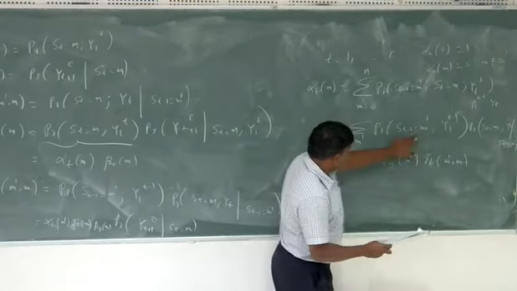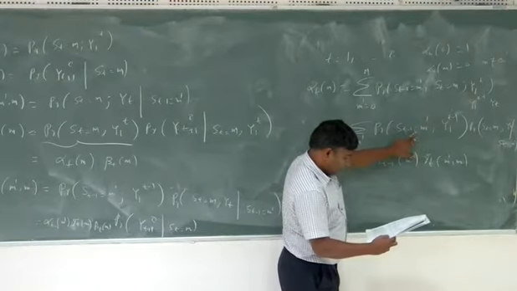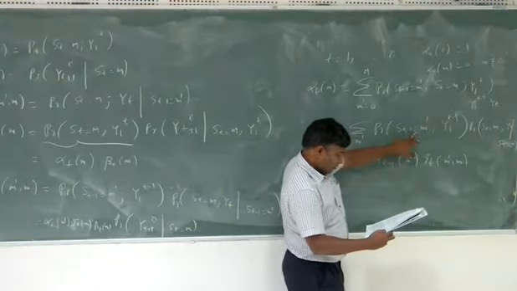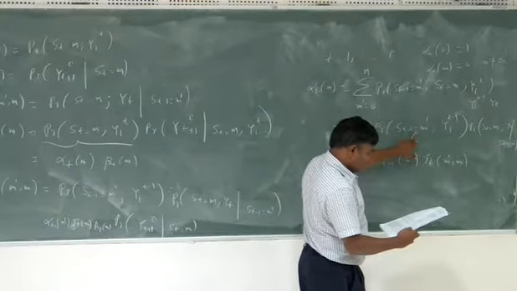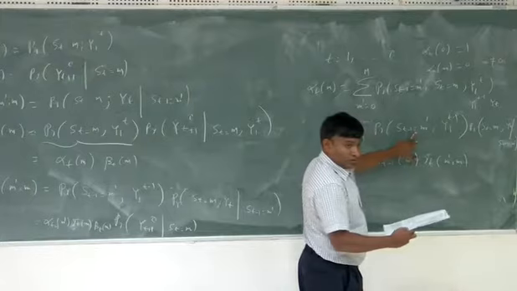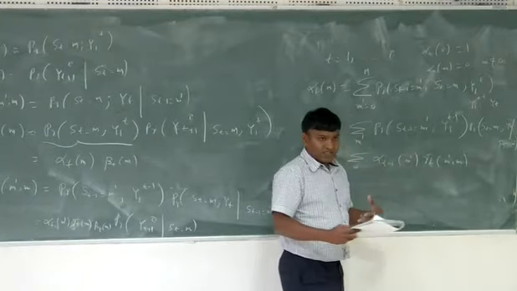Again, somewhere here we made the assumption that events after t minus 1 are not influenced by 1 through t minus 1 if the current state is given.